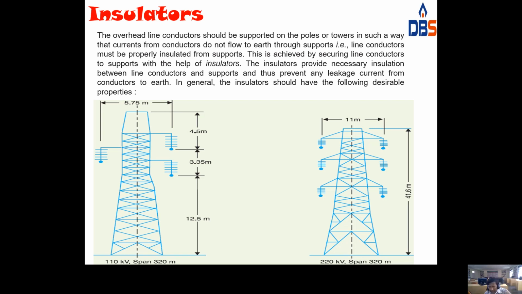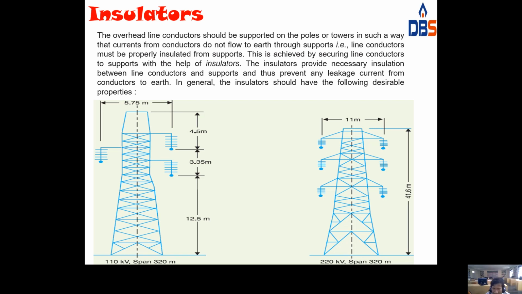The current flowing through the conductor is restricted from flowing to the earth with the help of two things: line supporters and, mainly, insulators. Insulators provide the necessary insulation between the conductor and supporters, so there is no current flowing through the conductors and line supporter. They also help prevent any leakage current from the conductors to earth.